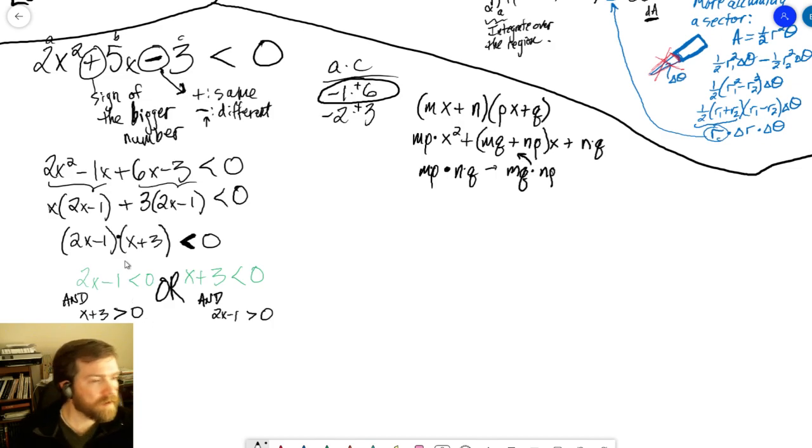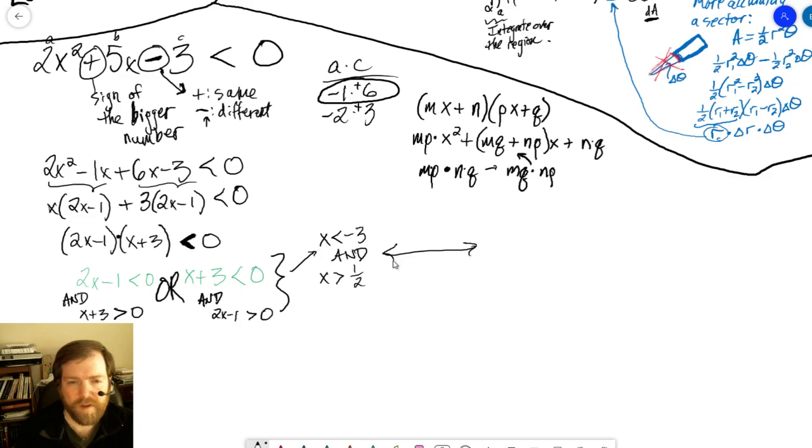So here, with these two, we see that x must be less than negative 3, and also here, this is plus 1 divided by 2, x must be greater than a positive 1/2.